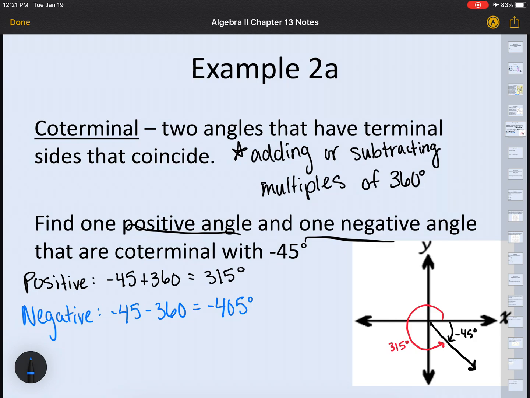Okay, so negative 405 degrees, we have to go clockwise to here, so negative 405 degrees. So those are our two coterminal angles, 315 degrees and negative 405 degrees. They're both coterminal, or the same kind of measure, to negative 45 degrees.